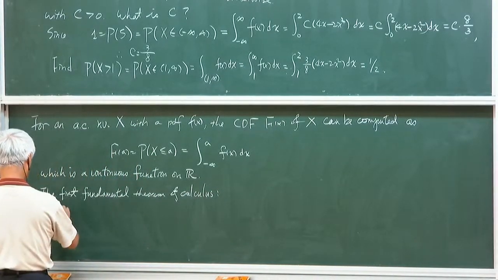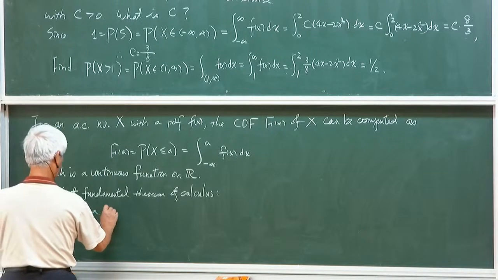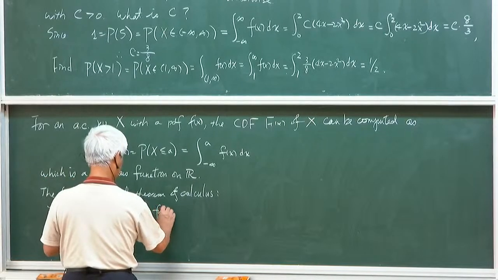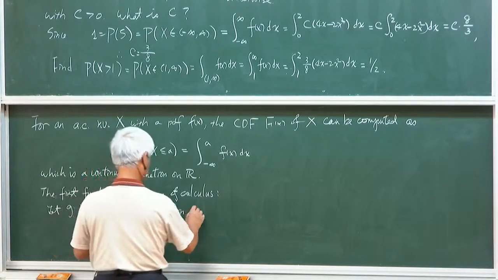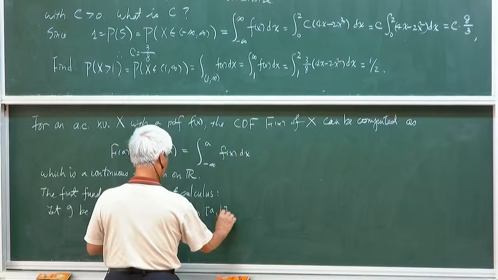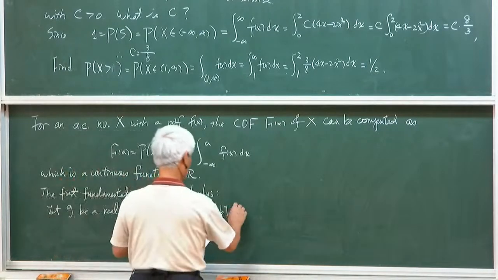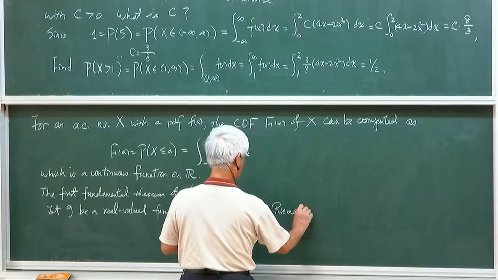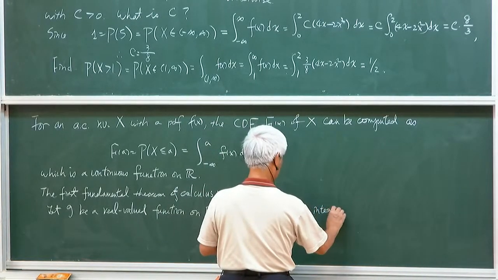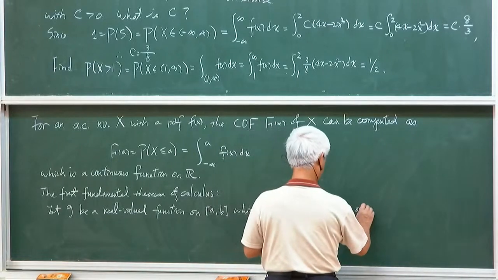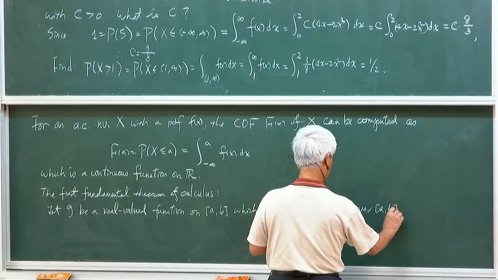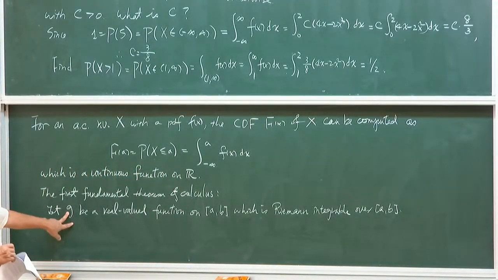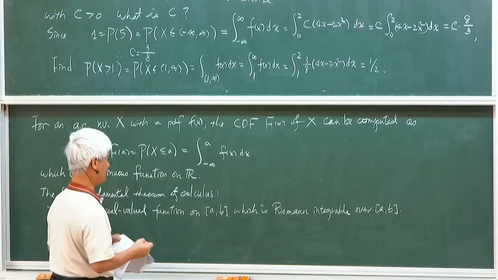So let G be a real valued function on a finite closed interval [a, b], which is Riemann integrable over [a, b]. Okay, so suppose we have a Riemann integrable function G defined on a finite closed interval a to b.